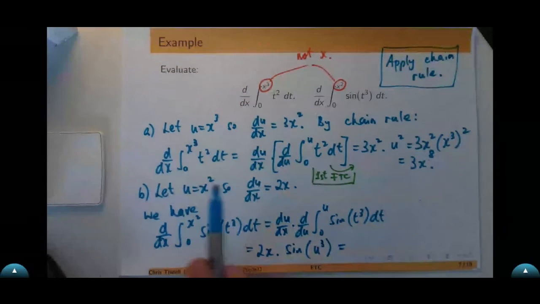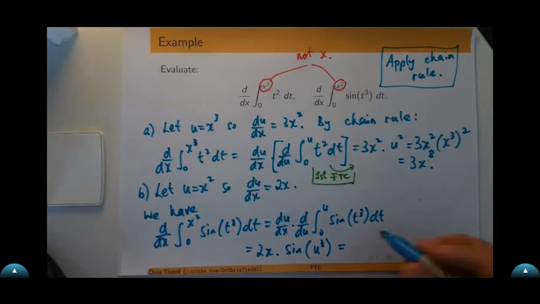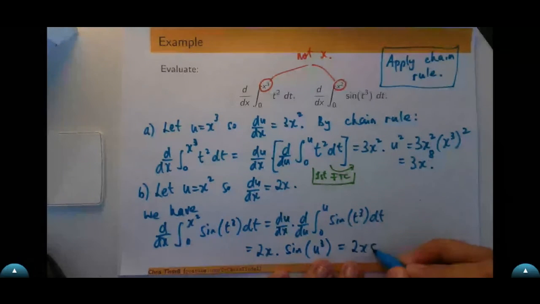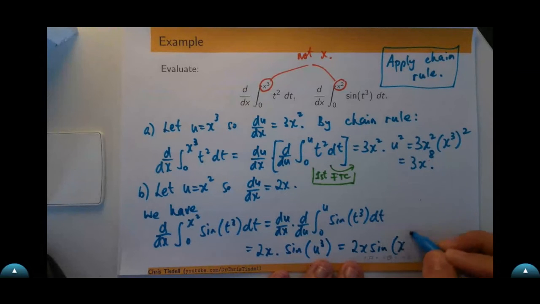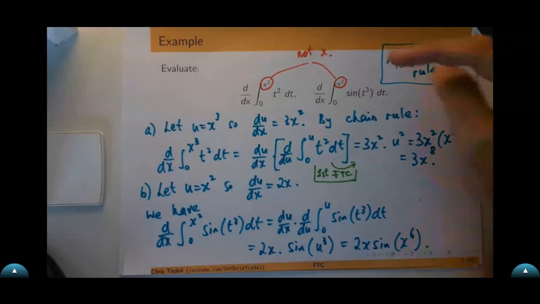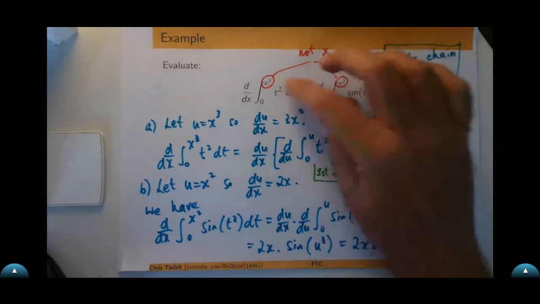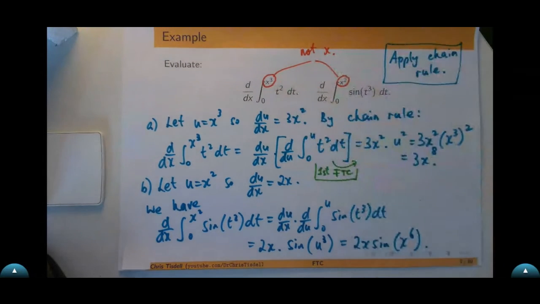And we want to get back to the original variable. So that's going to be sine x to the power 6. Yeah, so that is how you do those kind of problems when you've got a function of x in the integral sign.